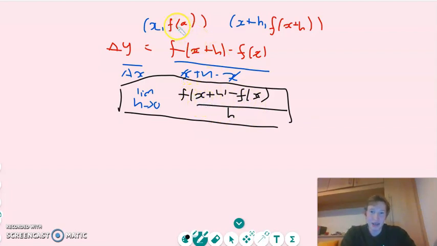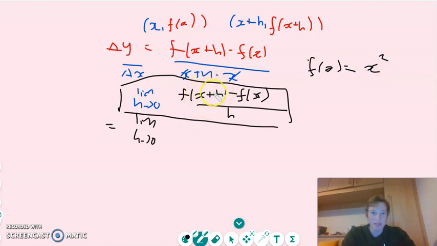So I didn't actually tell you what f of x was, I just said it's a function of x. But let's now say that f of x is x squared. So lim h tends to 0. F of x is x squared means whatever you put in, you square.